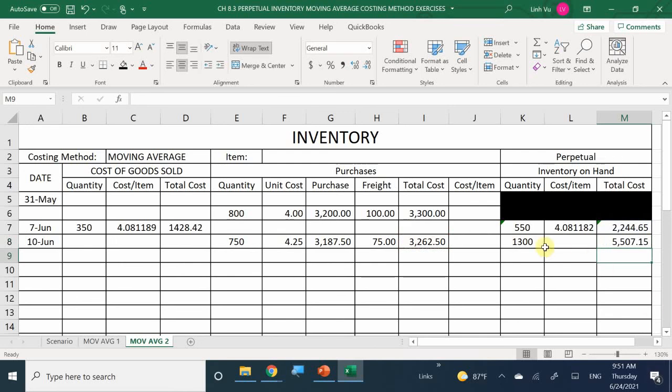Good. So what is my new average cost per item? 4.236269. Good. Because this time I purchased my inventory at a much higher price, 25 cents more. So in this case, my average cost should also spike up.